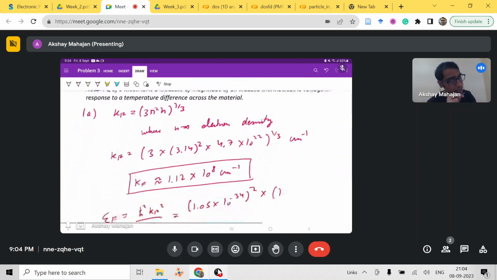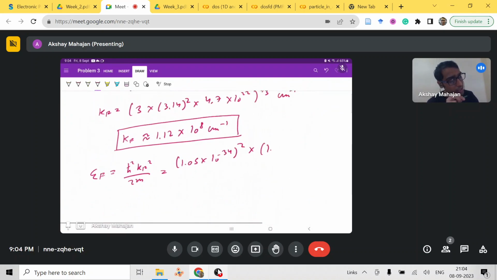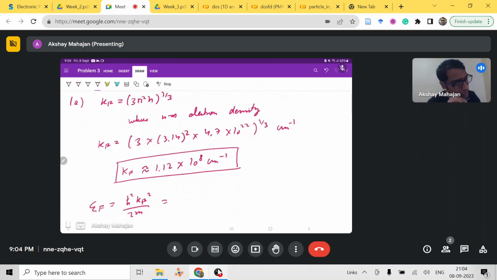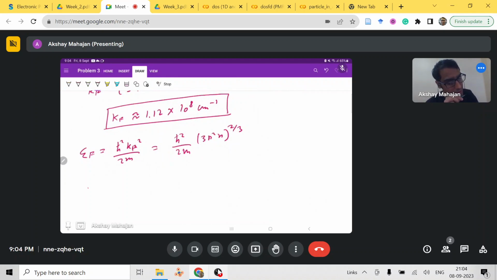Either I can do this, or since we know kF in terms of n, I can just use h bar square by 2m times (3 pi square n) to the power 2 by 3. I don't need to use kF, but we have already calculated kF, so I will use kF here.